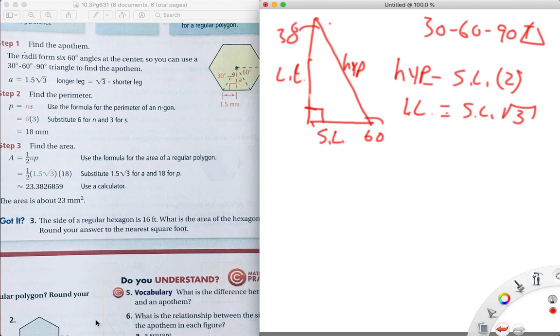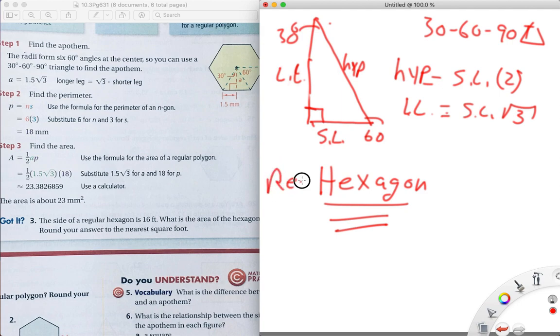We're going to see 30, 60, 90 triangles all the time when the regular polygon is a hexagon. You might want to write this down in your notes. When we have a regular hexagon, we are going to have 30, 60, 90 triangles. Put it in your brain cells, memorize it.